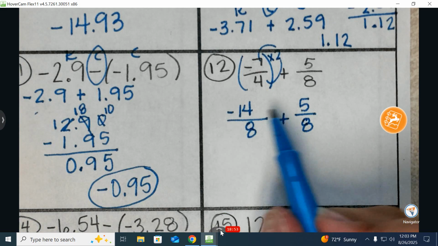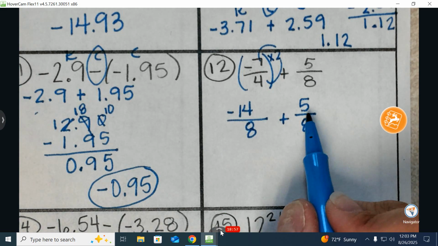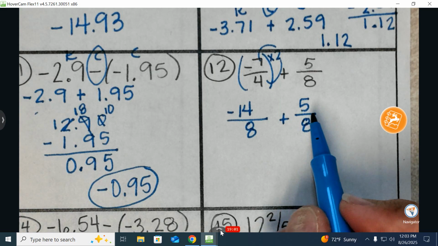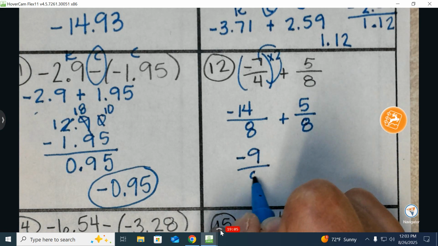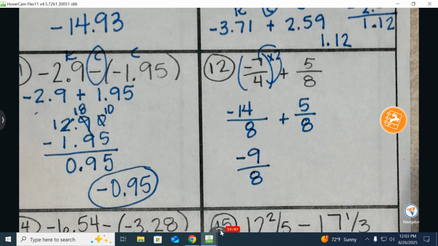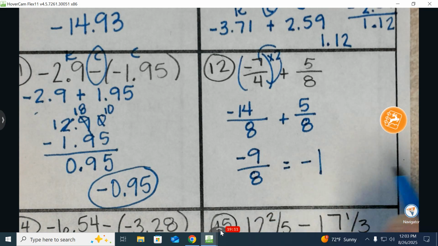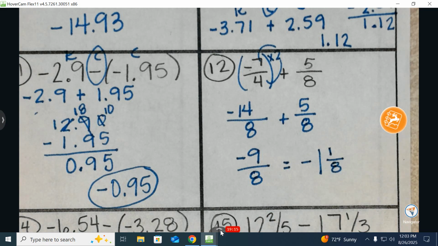Again, adding with unlike signs, so I'm going to subtract. 14 minus 5 is negative 9/8. How many 8s will go into 9? That would be negative 1 and 1/8.